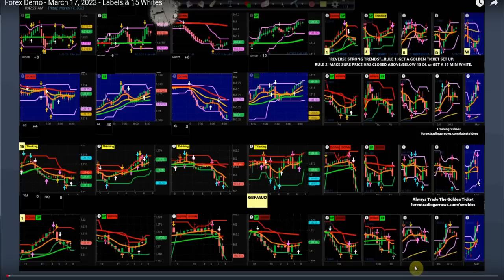In particular, when you get a weekly BB band break, if you get a daily blue, it's going to reverse. There, great example of it. Massive, super strong trend. Daily blue, look what happened. Down, bounce, down, bounce, down to the BB band.